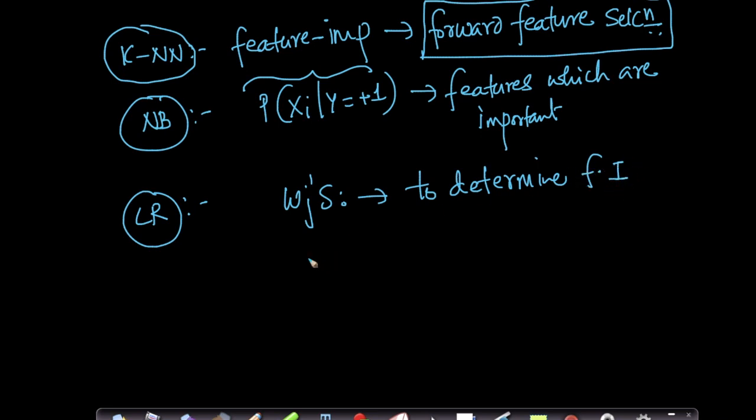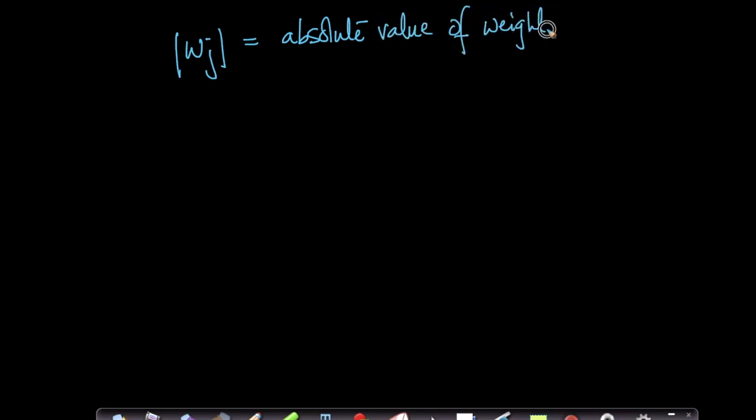Now, how do we get feature importance here? Let's look at it. Let's take the absolute value of Wj. What is this? This is nothing but the absolute value of the weight corresponding to feature j.